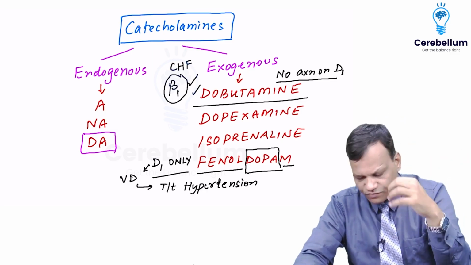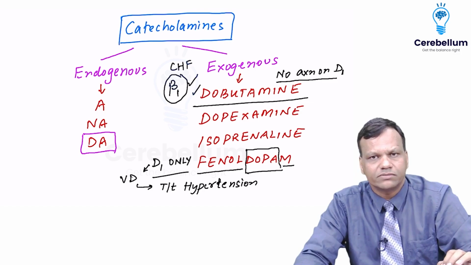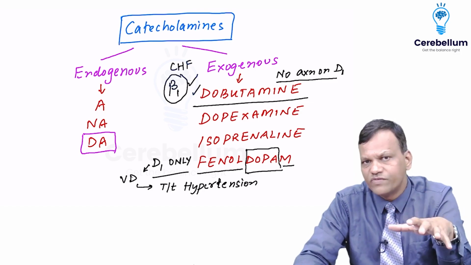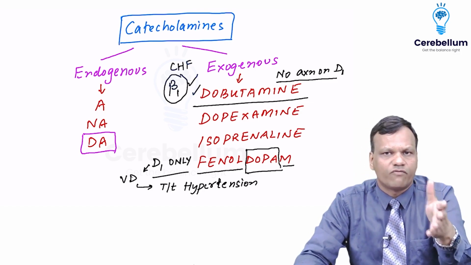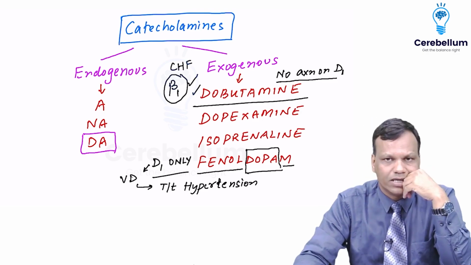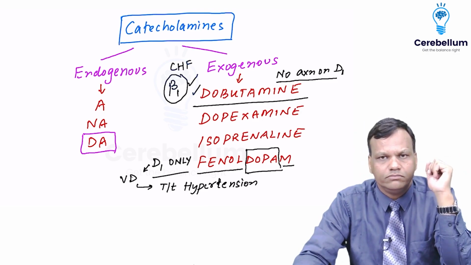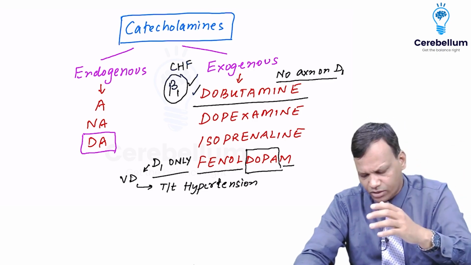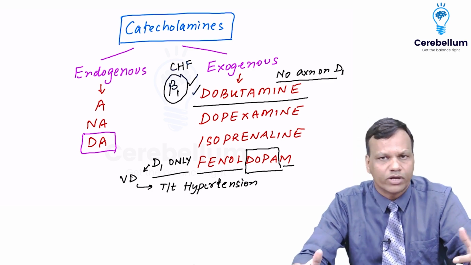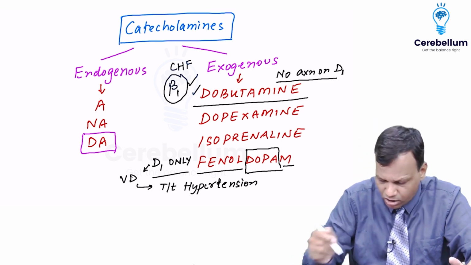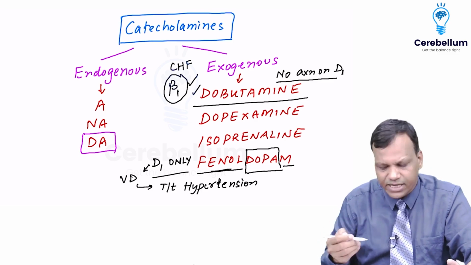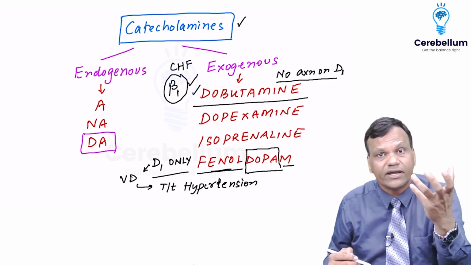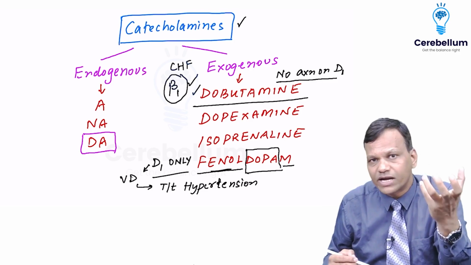Now, can we use fenoldopam for routine hypertension? A person has come to you with blood pressure of 140 by 90 millimeter of mercury. Will you like to give fenoldopam? Answer is no. The question is why? Why don't we give fenoldopam for routine hypertension? Because fenoldopam, which we are studying in the catecholamines, is a catecholamine. And what is the problem with catecholamines?